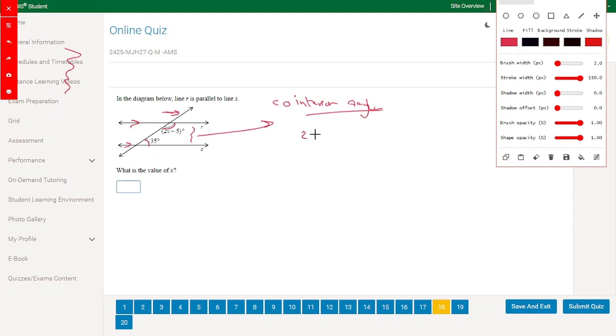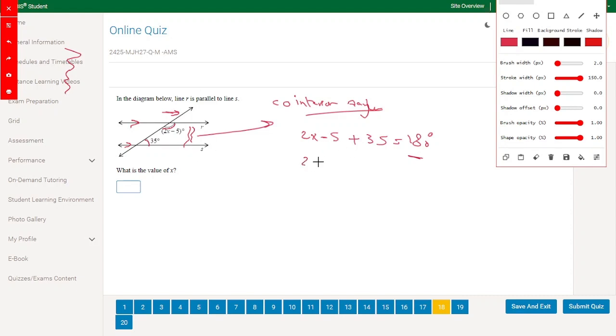So it will be 2x minus 5 plus 35 will be equal to 180. Interior angles will be equal to 180.